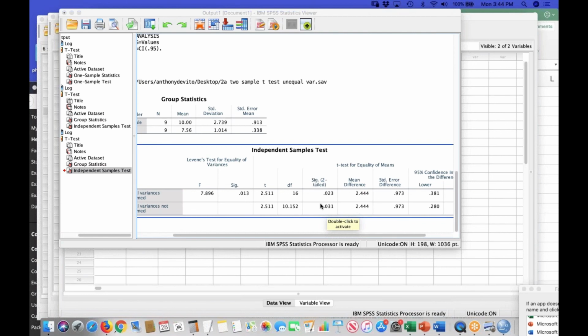So you can take a look at that directly and see what the likelihood is that you would be wrong if you reject the null hypothesis, or more correctly from a statistical perspective, what's the likelihood that you get that big a difference in the two means if the null hypothesis was true? And there's only a 3% chance of that happening. So you feel comfortable rejecting the null hypothesis.